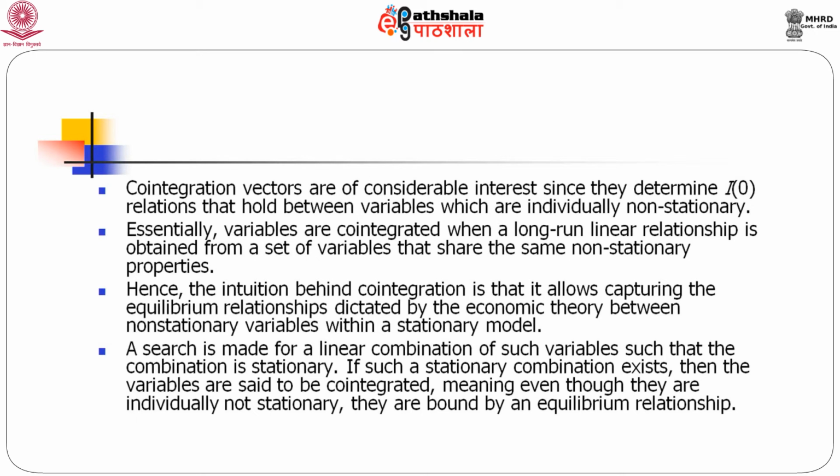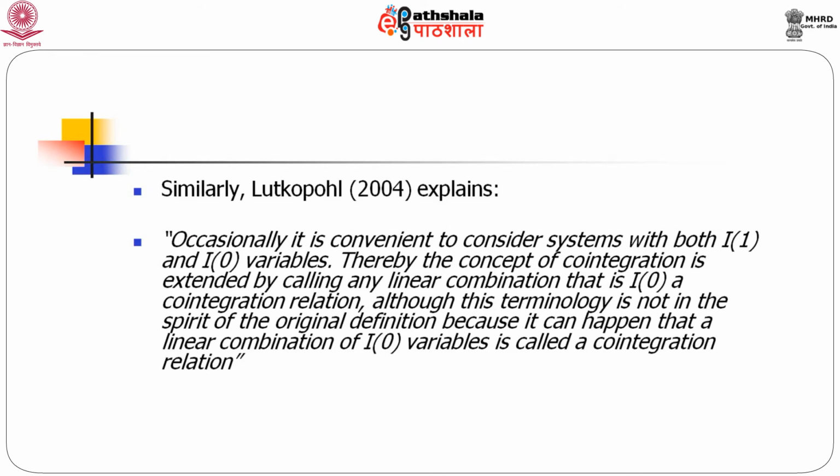So, the basic idea of using a cointegrating relationship is that we can combine two or more different non-stationary relationships into a stationary relationship, such that you can claim that an equilibrium relationship exists between the variables that you have used. Now, according to Lütkepohl 2004, occasionally it is convenient to consider a system with both I(1) and I(0) variables.